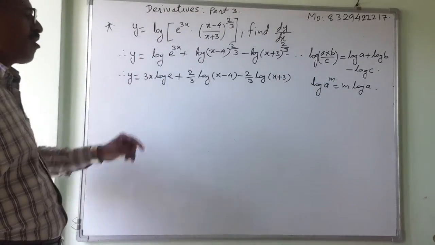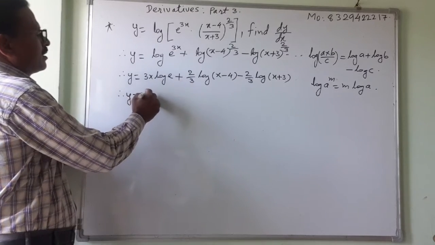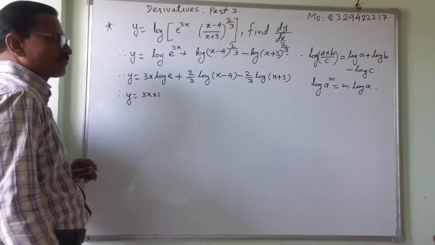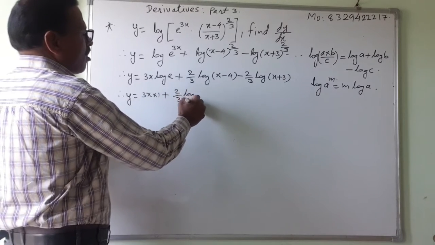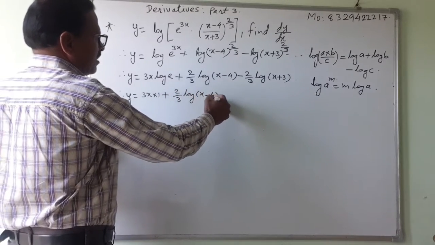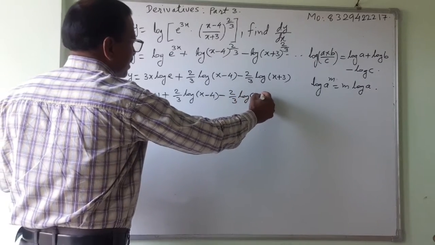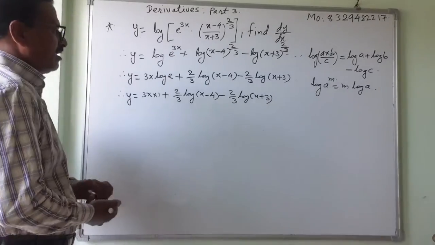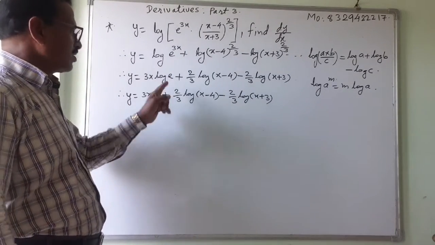Now what is the value of log of e? 3x into 1 plus 2 upon 3 log of (x minus 4) minus 2 upon 3 log of (x plus 3). Whenever log e comes, of course the base should be e.